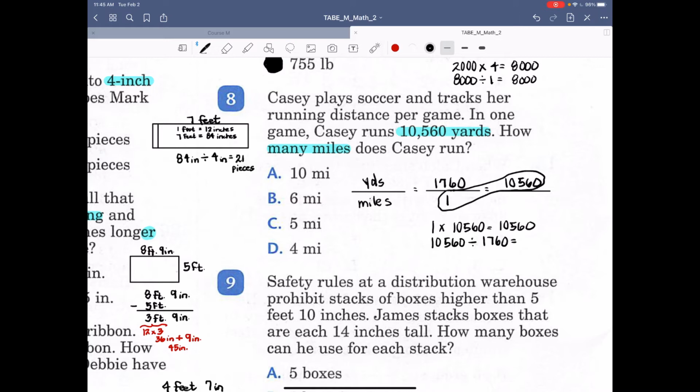Do it the same way every time. Don't be lazy. And then when the time comes, you'll know what you're doing. And that is 6 when I divide it. So in that one game, she ran 6 miles.